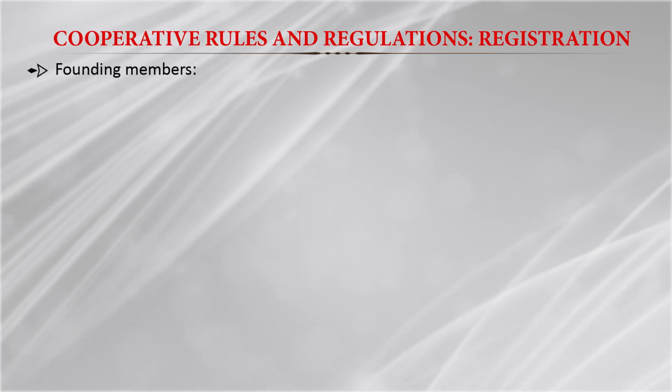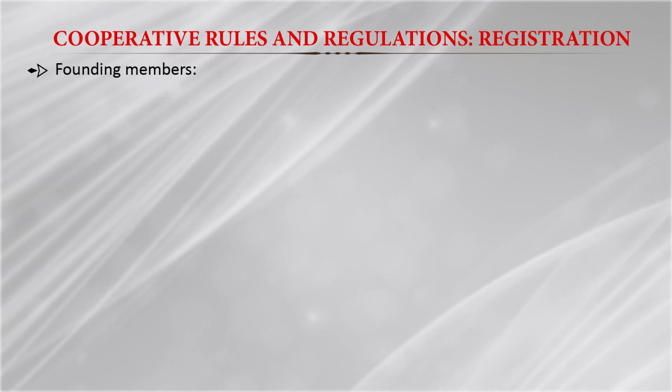There are rules and regulations related to different activities, and one of the most important activities is the registration of the cooperative society. This registration is basically done by the founding members who take the decision to form the cooperative society.